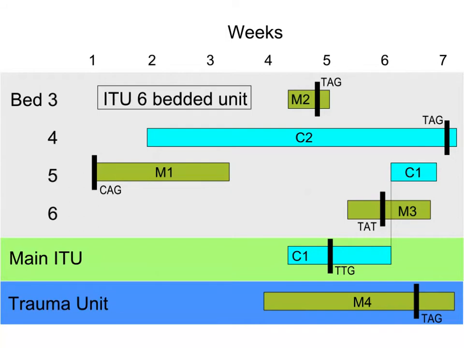Now, it turns out that M2 and C2 were next to each other in adjacent beds for a period of time, and M2 had it before C2. So I think on the basis of parsimony, we can make a reasonable judgment that M2 probably was the source of the infection in C2.